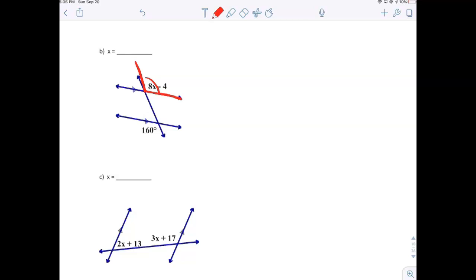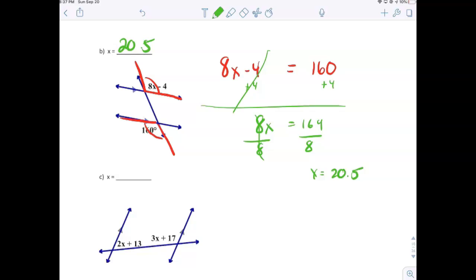Anyways, that's an obtuse angle. The other one that's labeled is an obtuse angle. So obtuse and obtuse are the same thing. So we are going to say that that is the same as that. And go ahead and solve that. When I divided 164 by 8, I ultimately got 20 and a half, 20.5.